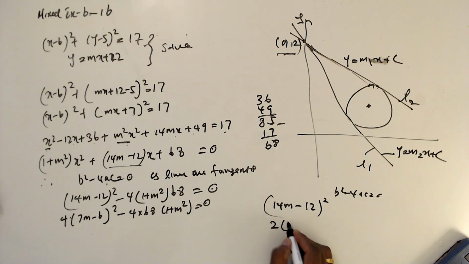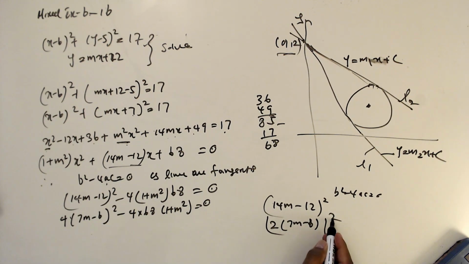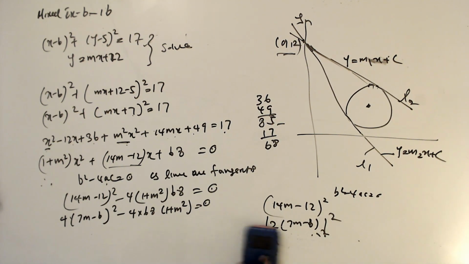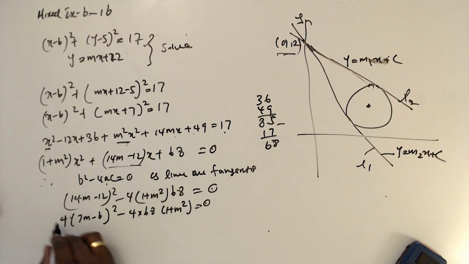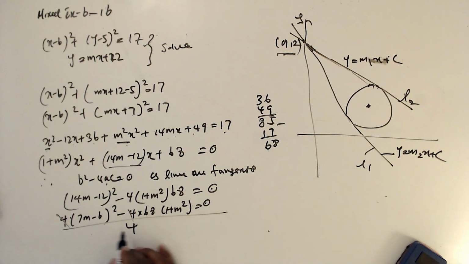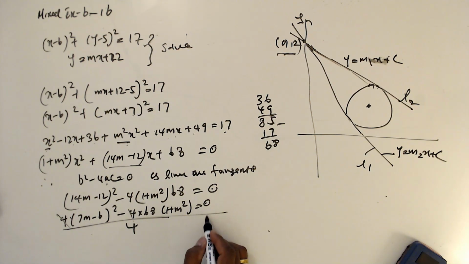This is going to be 7m minus 6. Now this is going to be 2 square times 7m minus 6 square, 2 square means 4. Now 4 to 4 cancel out. I divide by 4. Then this 4 to 4, and 0 divided by 4 is 0.